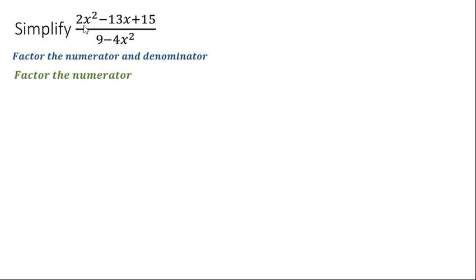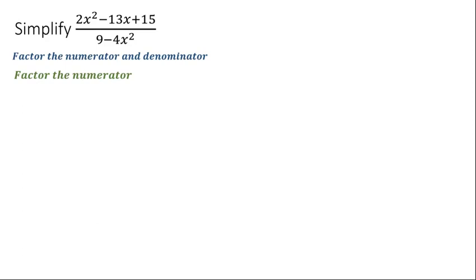Kasi hindi siya perfect square trinomial because the first term is not a perfect square. Okay, dahil doon sa kanyang coefficient na 2. The same with its last term, hindi rin siya perfect square. So the best factoring method na gagamitin natin dito ay yung factoring general trinomials of the form ax squared plus bx plus c.